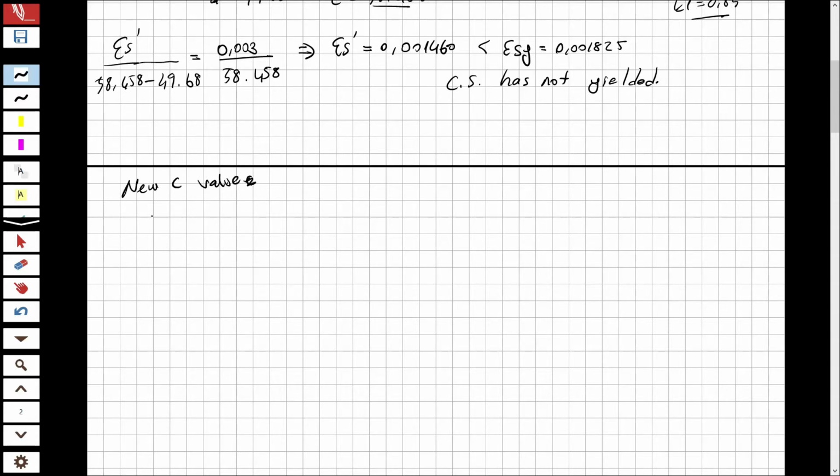We have to find it, because if it has not yielded, we need to find a new C value.